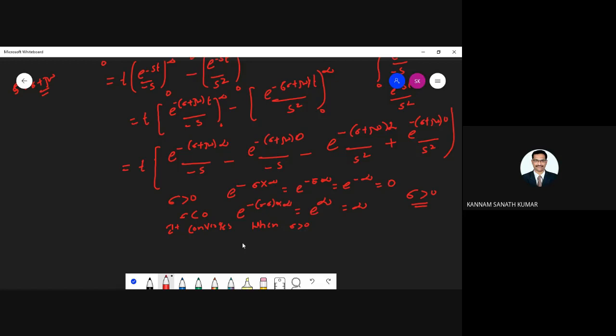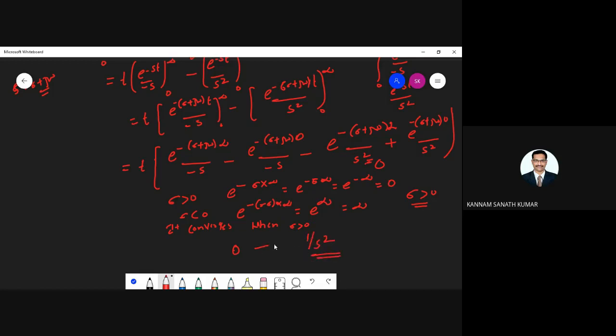If you apply the limits, this value becomes 0, no? e power minus infinity is 0. So at last you will get 1 by s square.